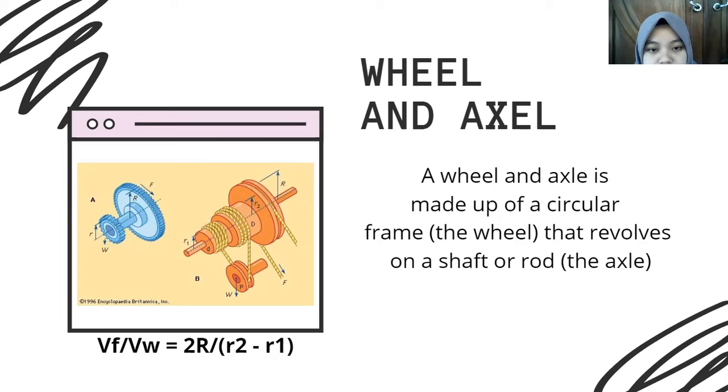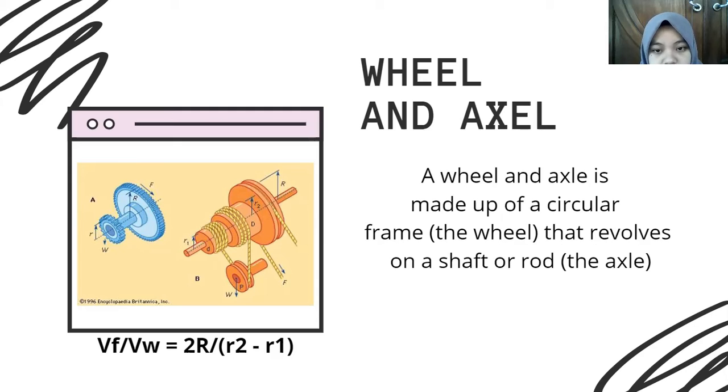A measure of force amplification available with the pulley and rope system is the velocity ratio, or the ratio of the velocity at which the force is applied to the rope, which we call Vf, to the velocity at which the weight is raised, which we call Vw.